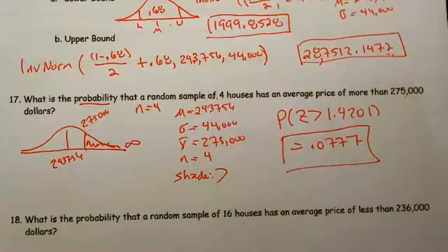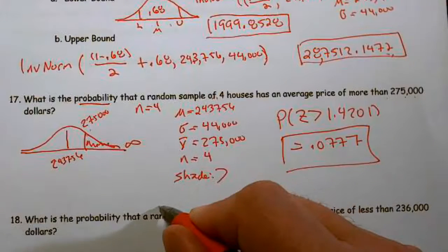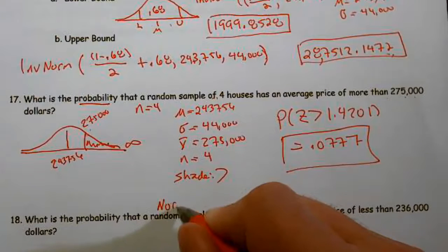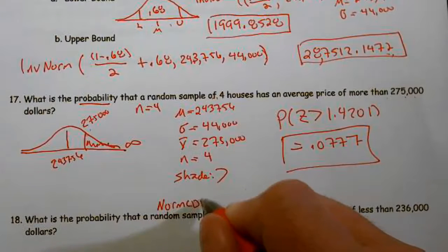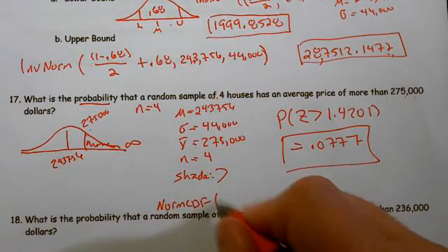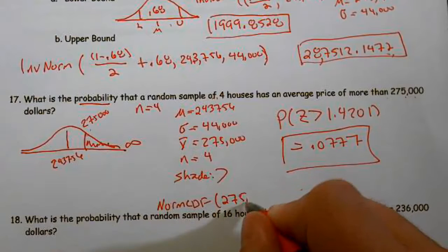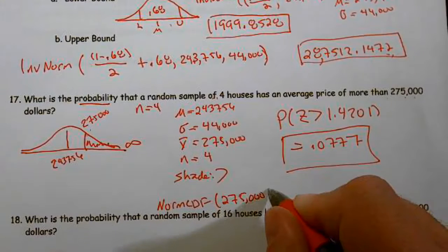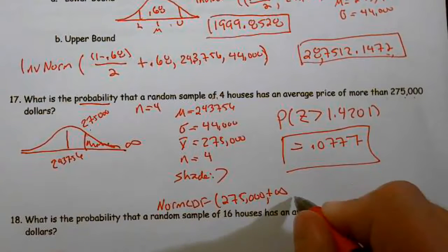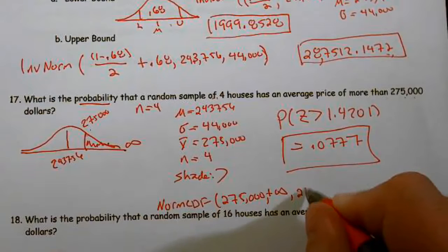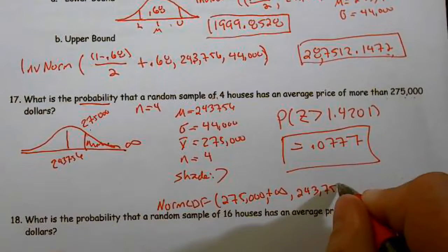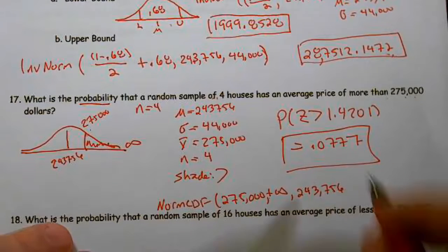For those of you who prefer the norm CDF, we could have done a norm CDF. Norm CDF would be lower bound 275,000. Upper bound is positive infinity. Mean is 243,756. Be really, really careful with the standard deviation.